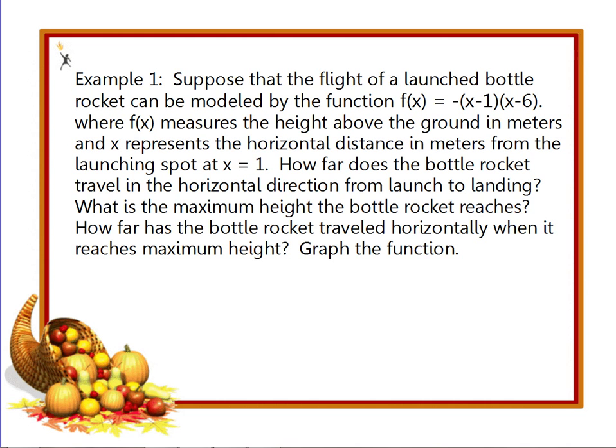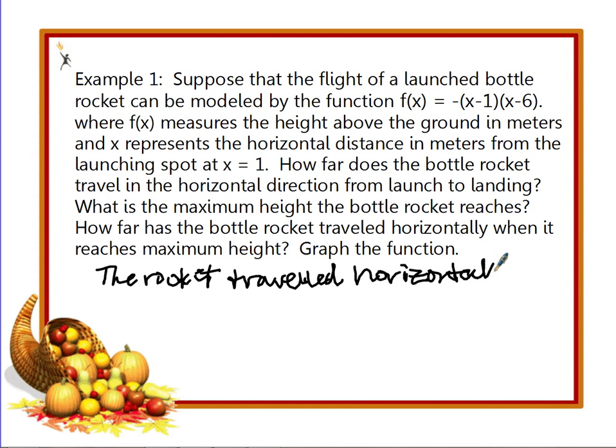From 1 to 6, it traveled a distance of 5 meters. So I'm going to say the rocket traveled horizontally 5 meters from launch to landing.